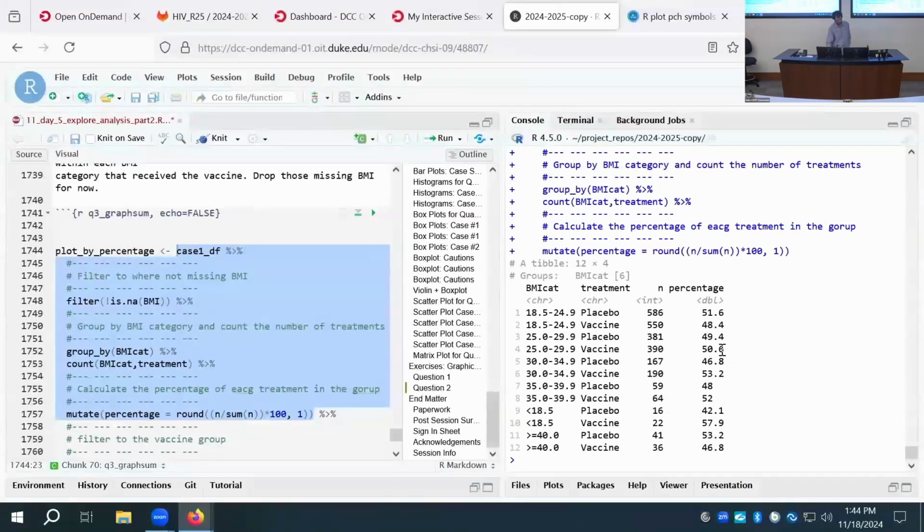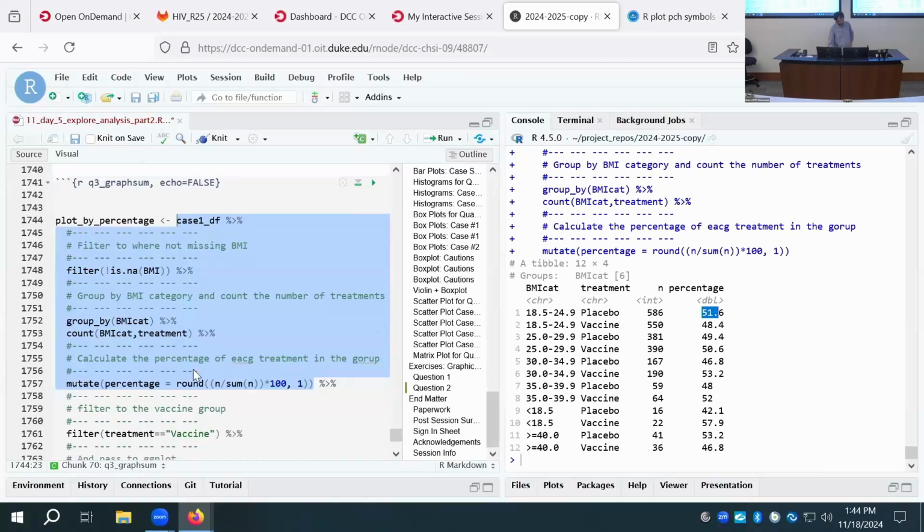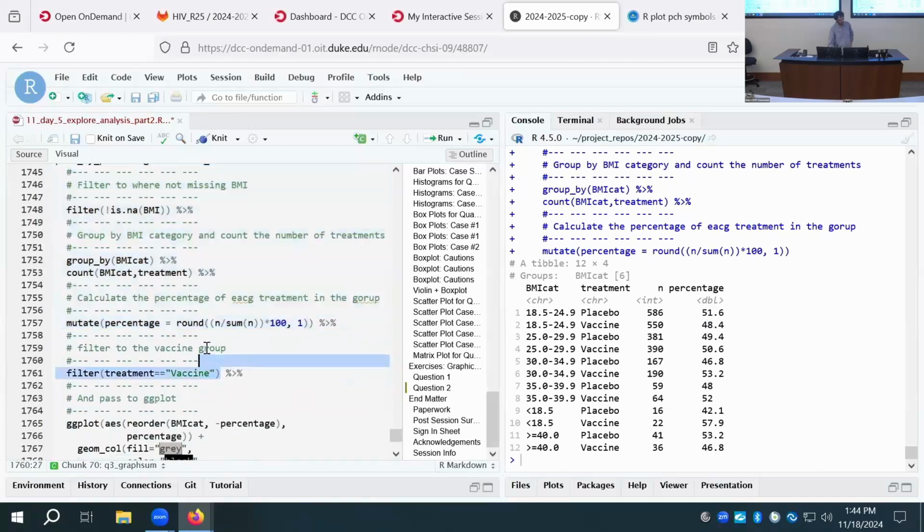And if we sum every 2 percentages, it should come out to 100%, right? And then, because it's redundant, we can just filter to those that have vaccine. If you know the vaccine treatment, you know the placebo treatment, because they have to sum to 1.